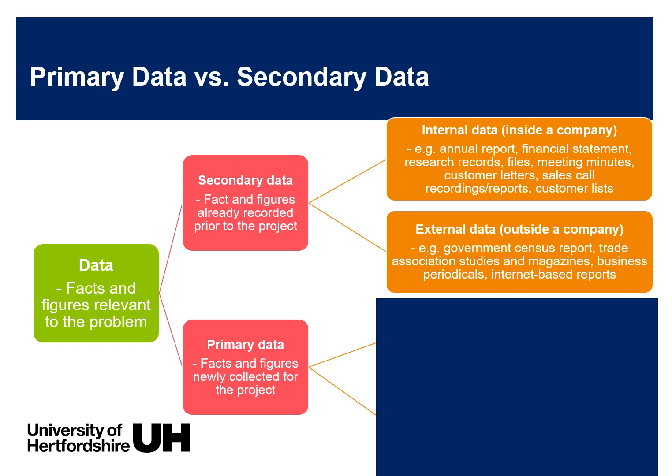So for example, the government census report, the trade union related report, or magazines or journals, or business periodicals, or internet-based report, or what you've been using nowadays, all the resources available on the online library, on the university's library platform. So these are all external data, and secondary data, but it's not confined within a particular organization, so it's available to the public mostly.